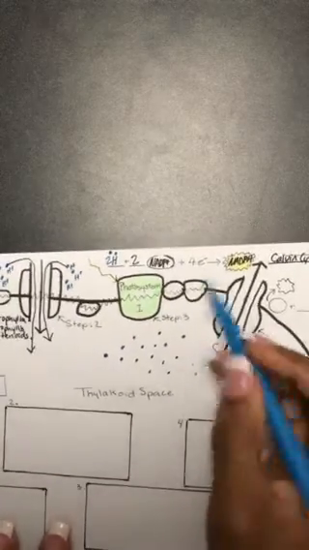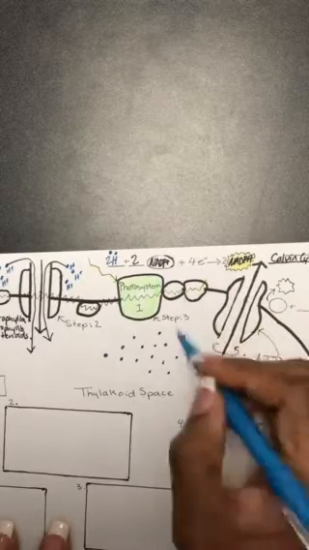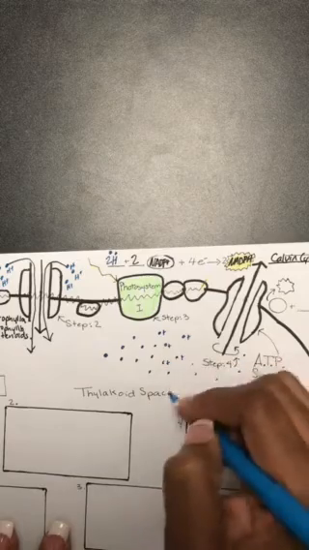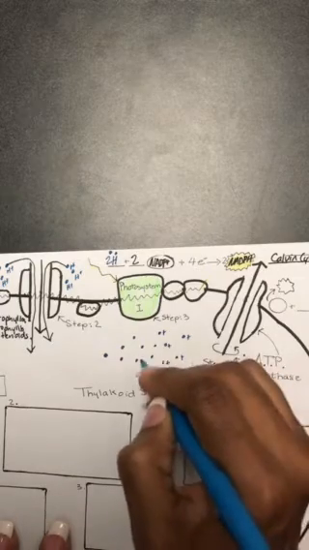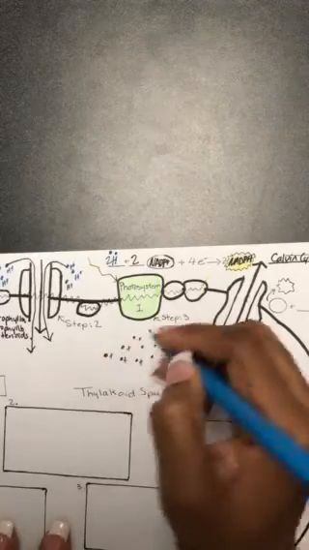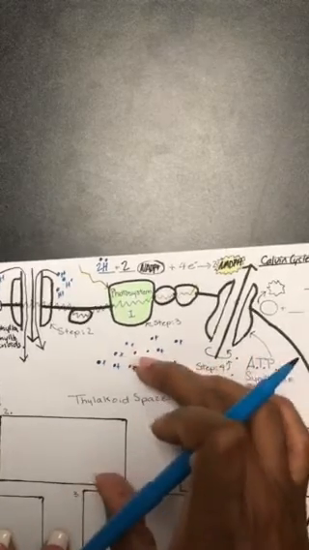The idea that I want you to get with this is that as the protons build up in number on the inside of the thylakoid space here, having a positive charge, there's a greater positive charge on the inside of the thylakoid than on the outside of the thylakoid.